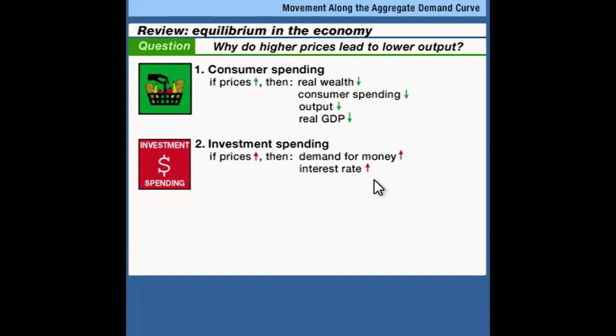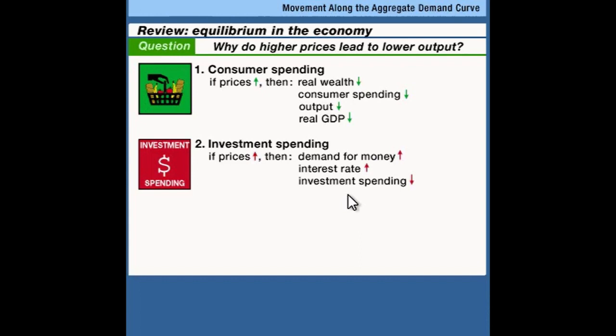Businesses aren't buying as many capital goods, they're not building as many new factories, and they're not outfitting them with equipment. So because of the reduced demand for investment goods, businesses cut back their output of investment goods. And that means that real gross domestic product is going to shrink.